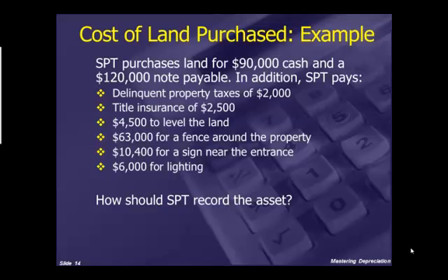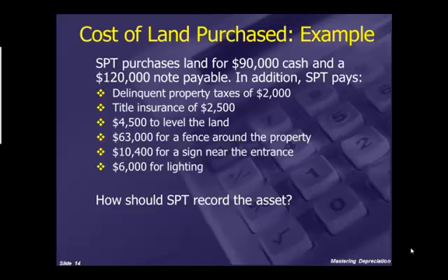Now, SPT purchases land for $90,000 cash and a $120,000 note payable. In addition, SPT pays delinquent property taxes of $2,000, title insurance of $2,500.